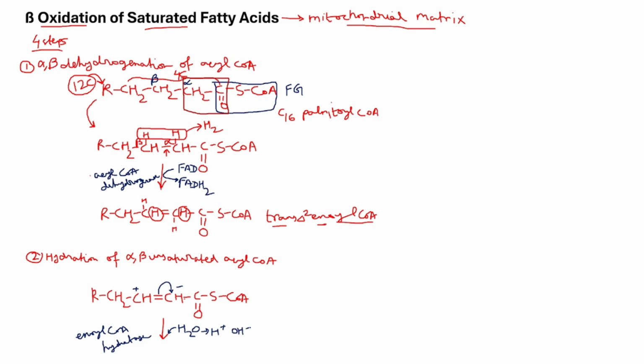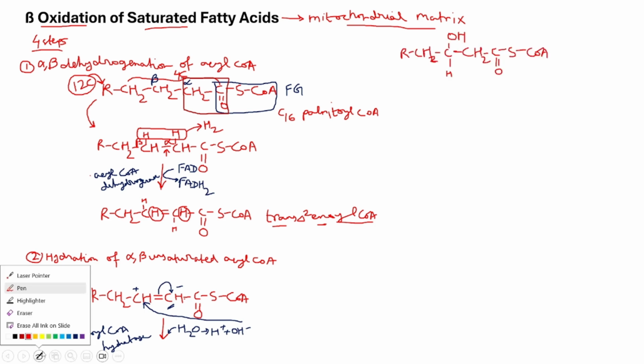So this OH minus will perform nucleophilic attack on this carbon, and the OH group will be added to that, and the H plus ion will perform attack on this carbon. Okay, so let us write the structure. What will be the product? The product will be somewhat like this.